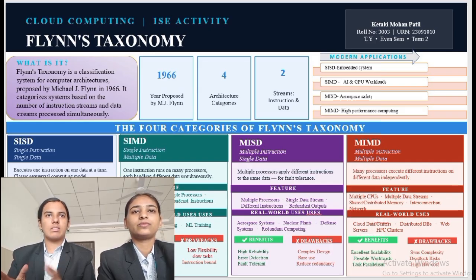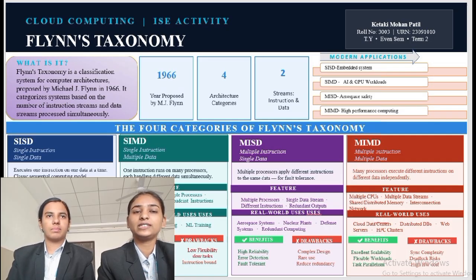Let's start with the first type, that is SISD, single instruction and single data. SISD stands for single instruction and single data. As the name itself says, only a single instruction is executed on a single data item at a time. So basically no multitasking, right? Exactly.